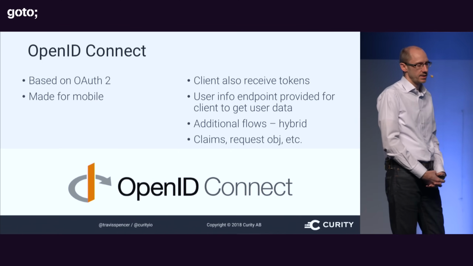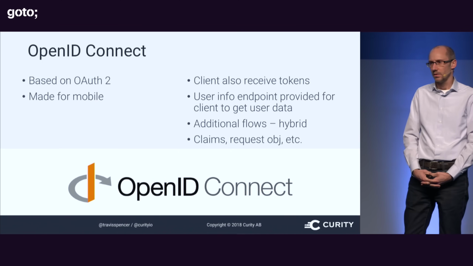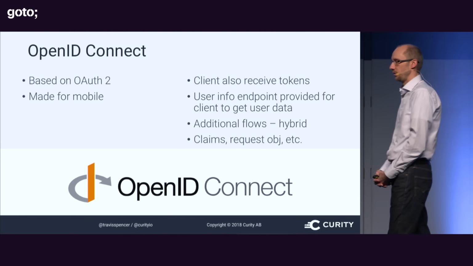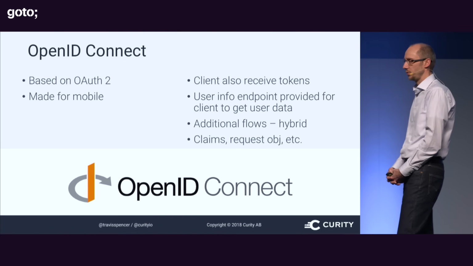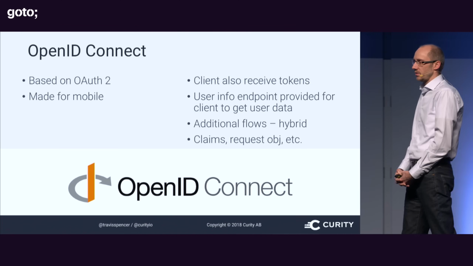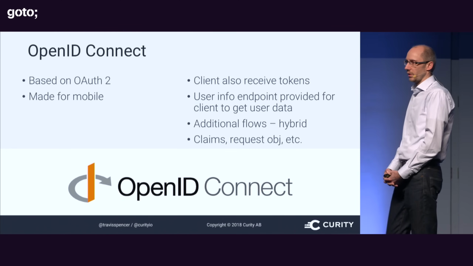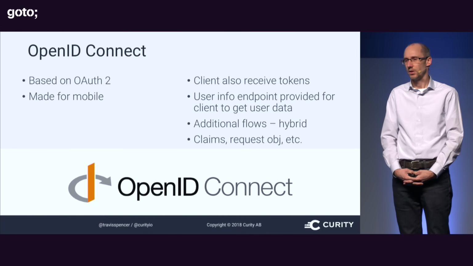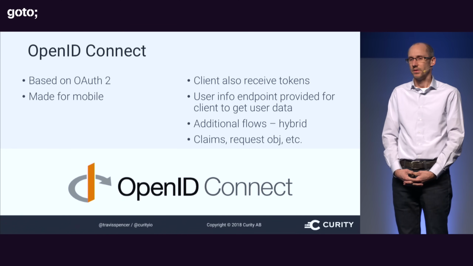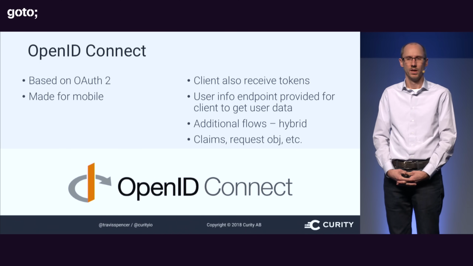In addition to the ID token, the other novelty of OpenID Connect is that it provides a user information endpoint, or user info endpoint. And this user info endpoint can be called with an access token, and the information that is returned from it is the user data that the resource owner, the user, consented to allow the application to have access to.